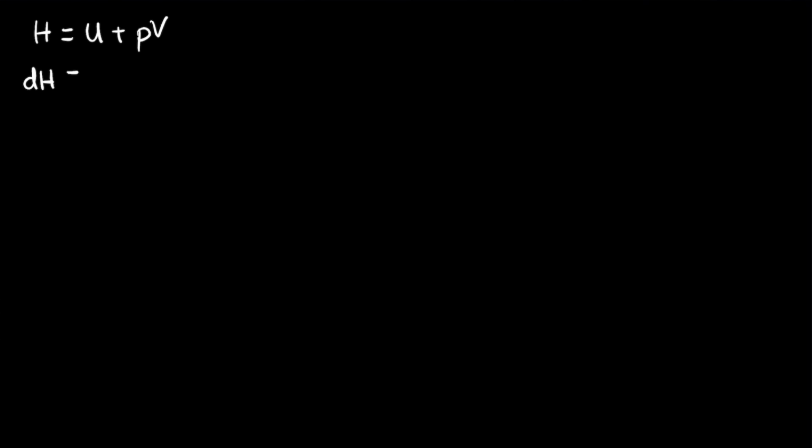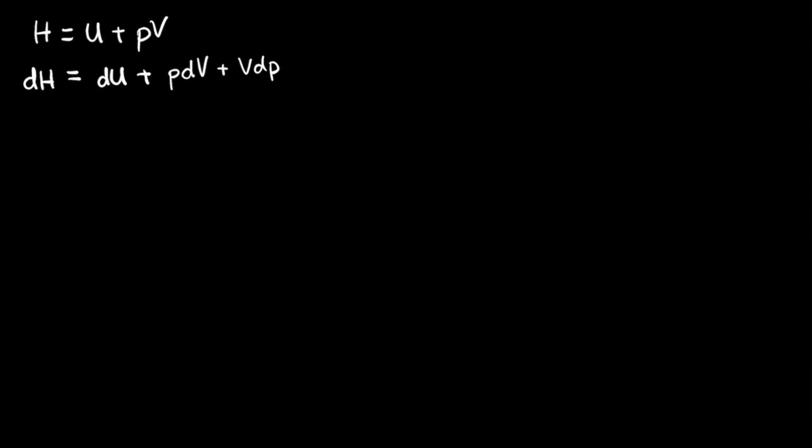Well, we can simply take the differential of U fairly easily like that. But now we're going to take a differential of a product. And so when we do that, we use the product rule yet again. Taking the differential of this, we get P dV plus V dP.